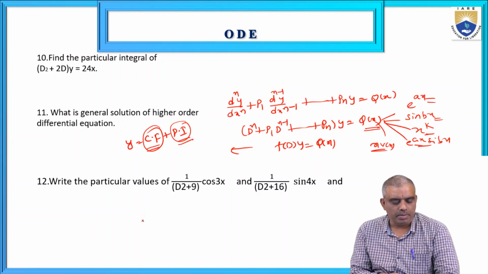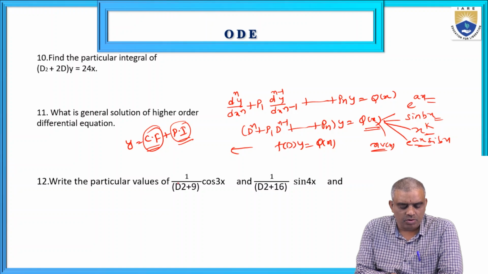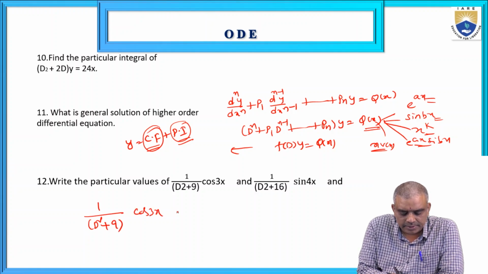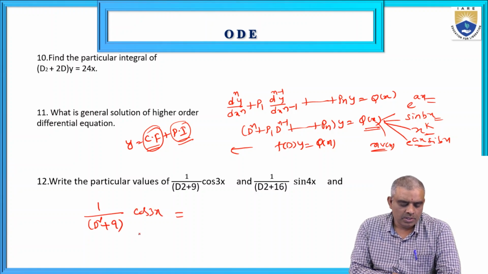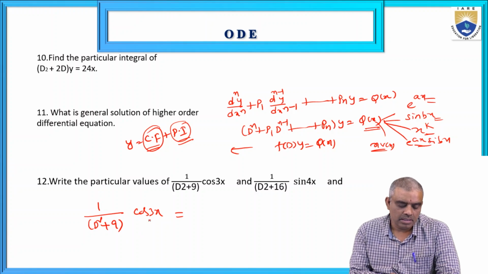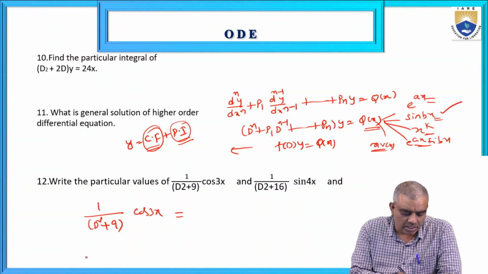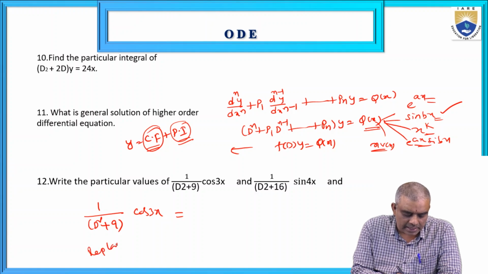So the last problem: find the particular value of 1 by D square plus 9 of cos 3x. In this case, for sin bx or cos bx, you just have to replace D square by minus b square, that is minus 9.